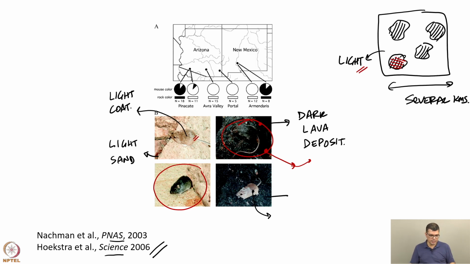But it is not just that, these publications are interesting because they actually figured out the molecular changes that led to evolution of these dark colored individuals. And it all has to do with how much melanin as a pigment is produced in the hair follicles on the surface of the body, and melanin generation is simply regulated by biochemical reactions.